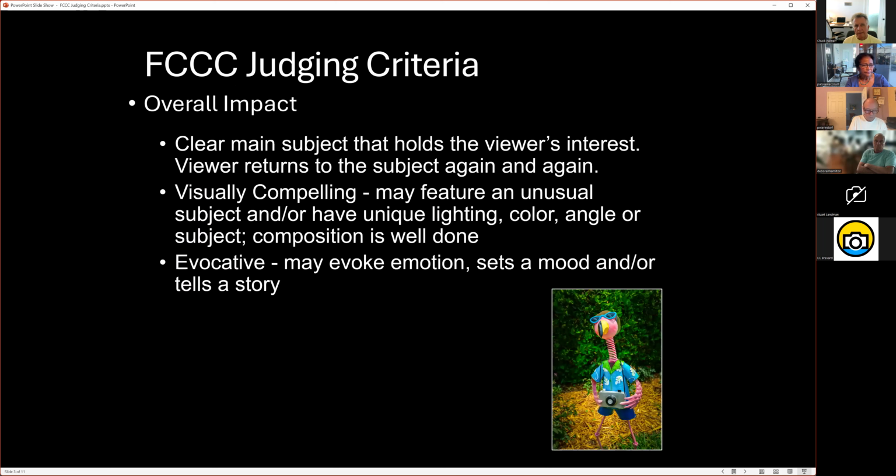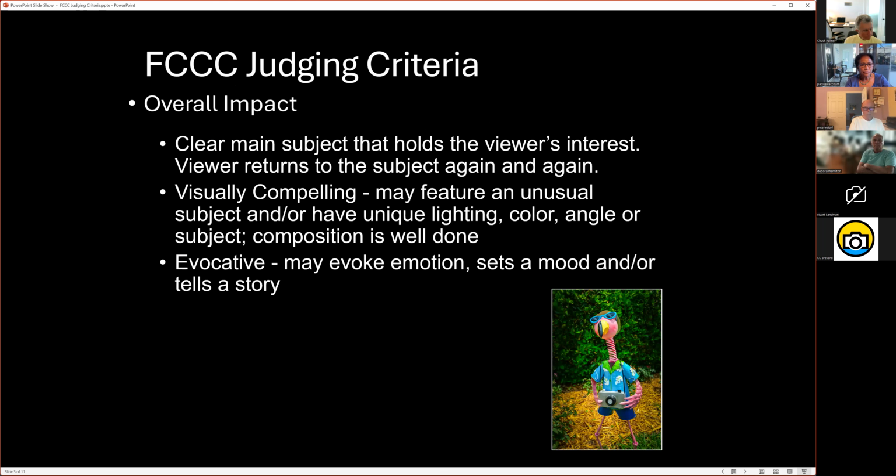So here's the details of overall impact. There is a clear main subject that holds the viewer's interest. The viewer returns to the subject again and again to make sure he's got the subject. The second item is visually compelling.